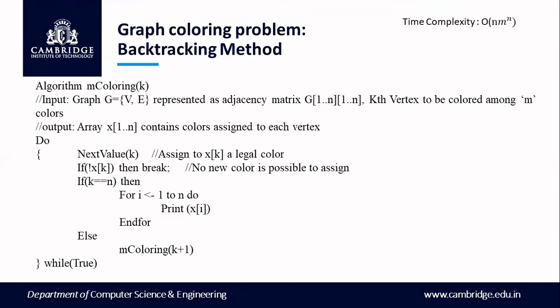The number of colors is always a constraint. As many colors as we have, we need to paint accordingly. So there can be two colors, like in our previous example where we had 4 vertices and 3 colors. It can also be 2 colors.